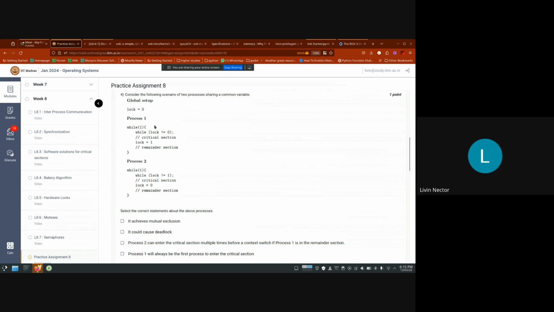So we have this lock, right? Here the lock can be either 1 or 0. If lock is not equal to 0, this process won't be able to enter the critical section, right?